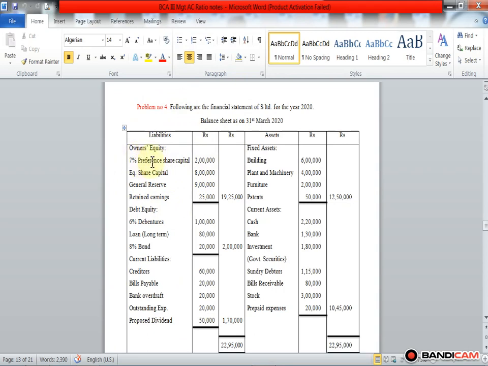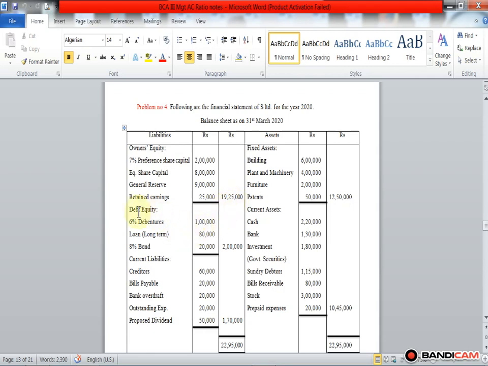Owner's equity: 7% preference share capital rupees 2 lakh, equity share capital rupees 8 lakh, general reserve rupees 9 lakh, retained earnings rupees 25,000. Total owner's equity is rupees 19 lakh 25,000.